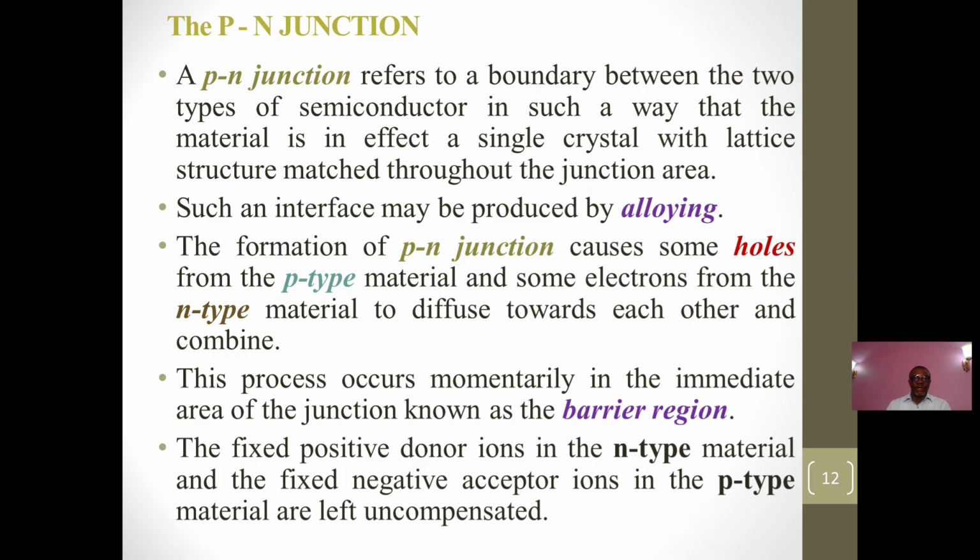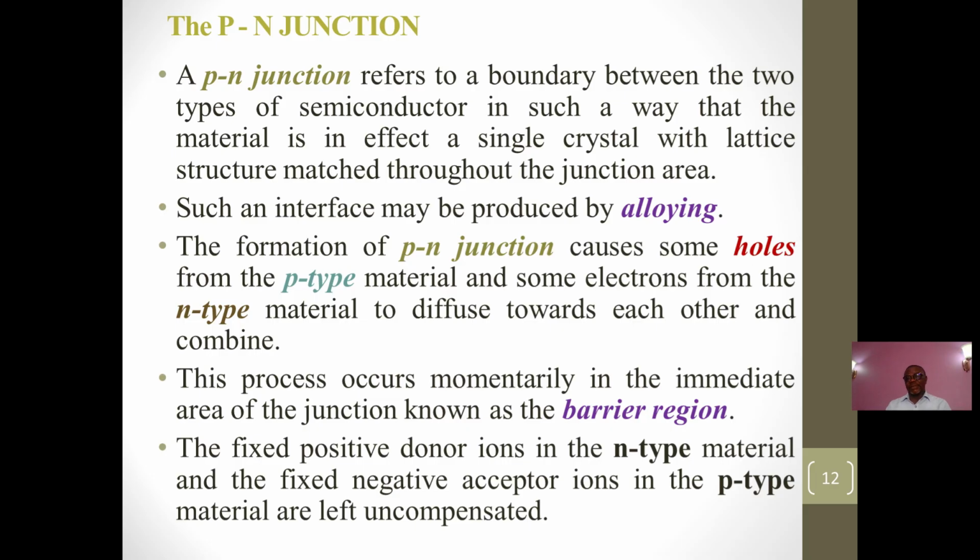junction. So say this PN junction refers to a boundary between the two types of semiconductors in such a way that the material is in effect a single crystal with lattice structure matched throughout the junction area. Such an interface may be produced by alloying.